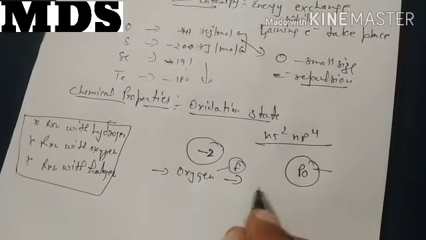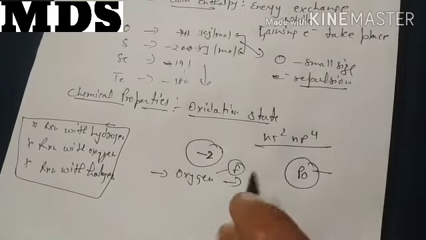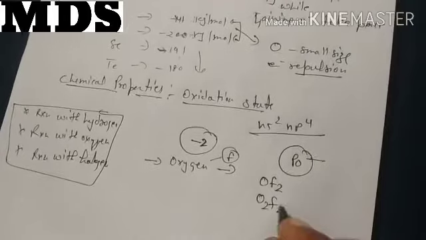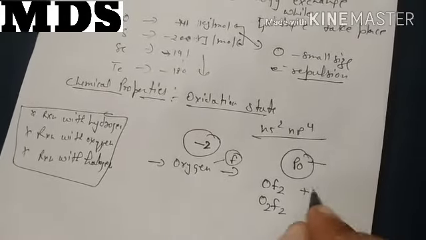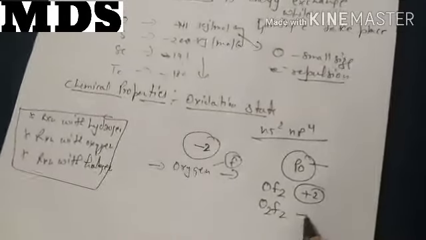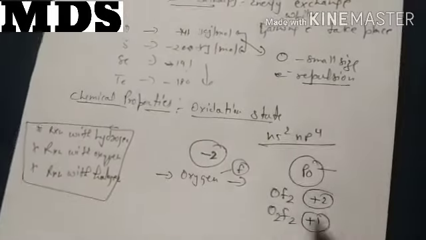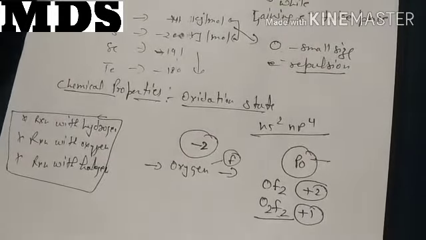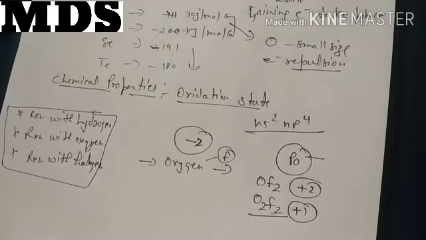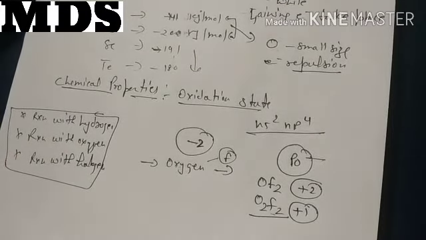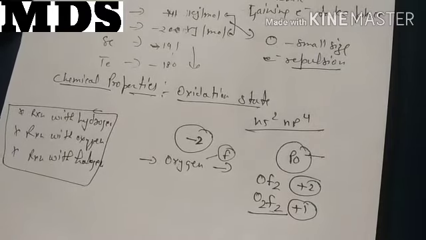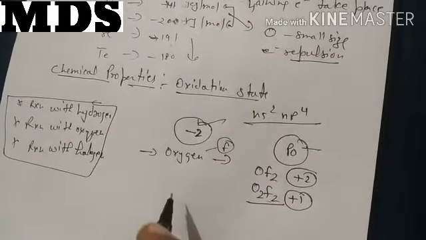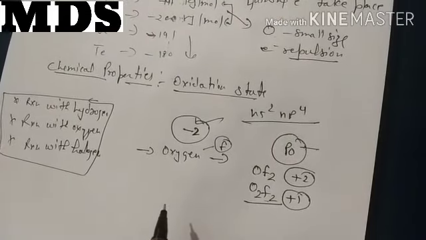So oxygen in a positive oxidation state is known only in OF2, where oxygen is +2, and in O2F2, where oxygen is in +1 oxidation state, which is an unstable compound. So there are only one or two cases where oxygen exists in a positive oxidation state. Otherwise, with any element, oxygen always exists in the -2 oxidation state.